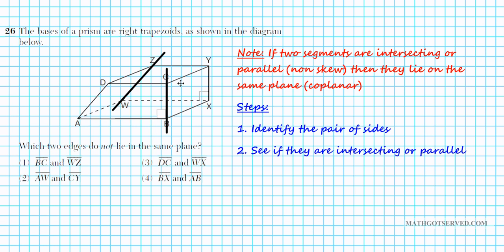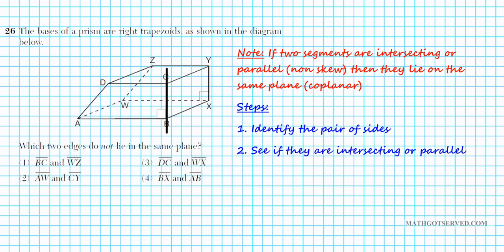That distance between these two, the height of the trapezoid, will be the constant distance between a plane that's containing both lines as long as the plane is perpendicular to this line right here. So they are not intersecting. Are they parallel? We can clearly see that they are not parallel. Now, since these two lines are not intersecting and not parallel, then they are not on the same plane. They are skew lines, skew sides.